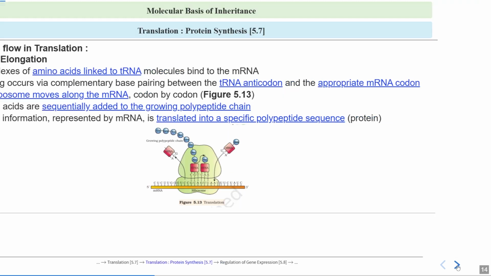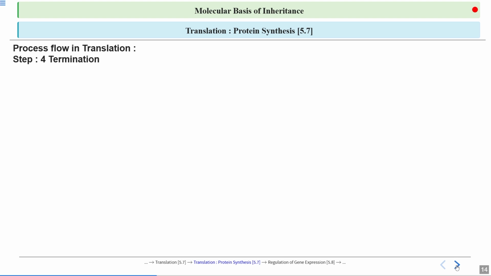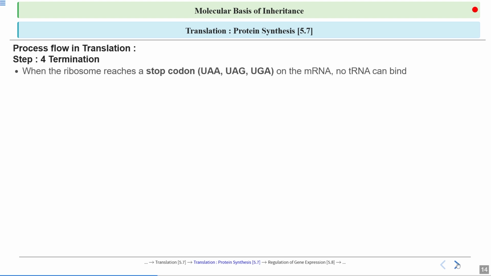Now after this elongation step, the last step will be termination. How will the termination happen? When the ribosome reaches a stop codon, that is UAA, UAG, UGA on mRNA, and we know that there is no tRNA for a stop codon. So when the ribosome reaches a stop codon on the mRNA, no tRNA can bind.